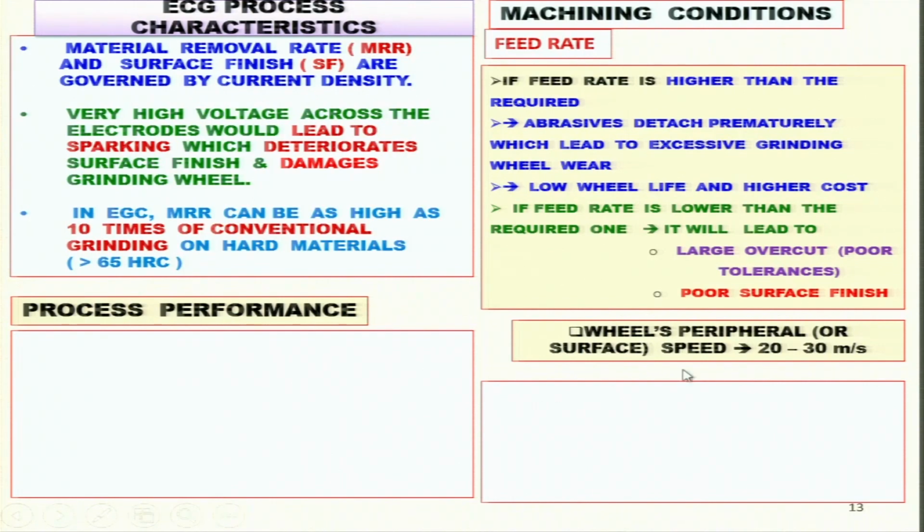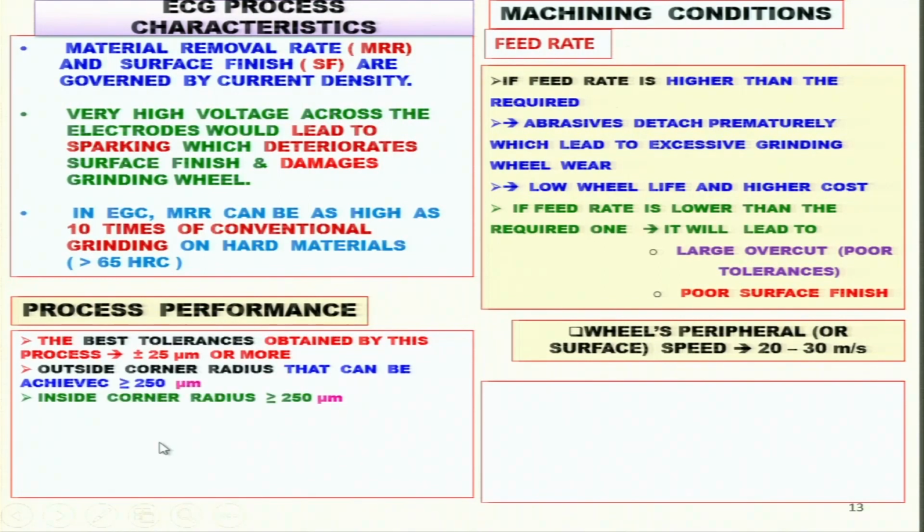Wheel's peripheral or surface speed is normally 20 to 30 meters per second. Process performance: the best tolerances obtained by this process are plus minus 25 micron or even more. Outside corner radius that can be achieved by this process is around 250 micrometer, that is 0.25 millimeter.